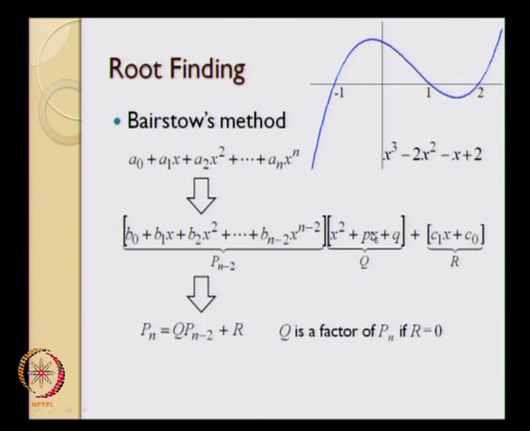That will tell us that x square minus 1 is a factor of this, and because x square minus 1 is a factor, we will get x equal to 1 and x equal to minus 1 as the 2 solutions, and the deflated polynomial p n minus 2 is going to be nothing but x minus 2. So that will lead us to the 3 solutions, x equal to 1, x equal to minus 1 and x equal to 2.